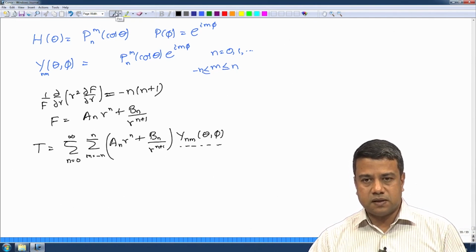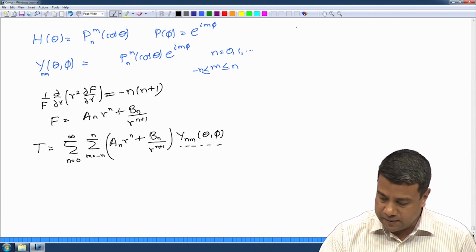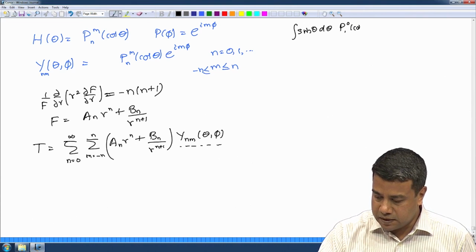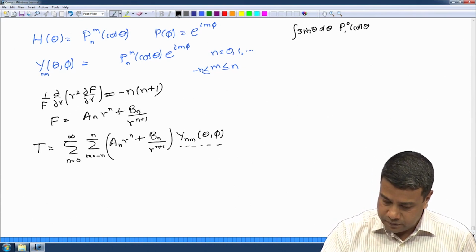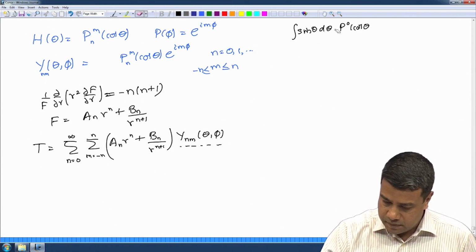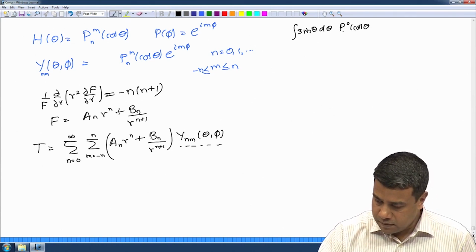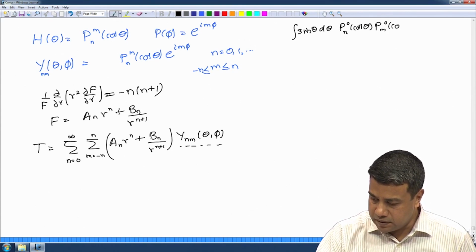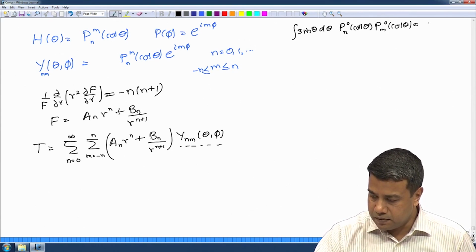In the previous case we had integral sin theta d theta, P n 0 of cos theta, P m 0 of cos theta is equal to 2 by 2n plus 1.